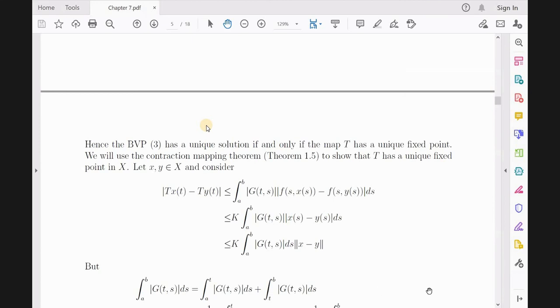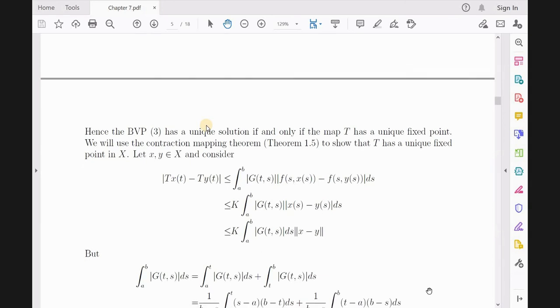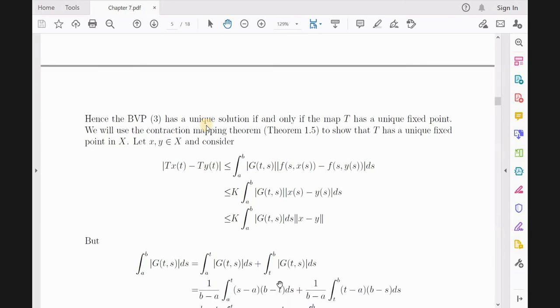Now using g(t,s), this is 1 over b minus a times the integral from a to t of (s minus a)(b minus t) ds, plus 1 over b minus a times (t minus a)(b minus s) ds, integral over t to b.